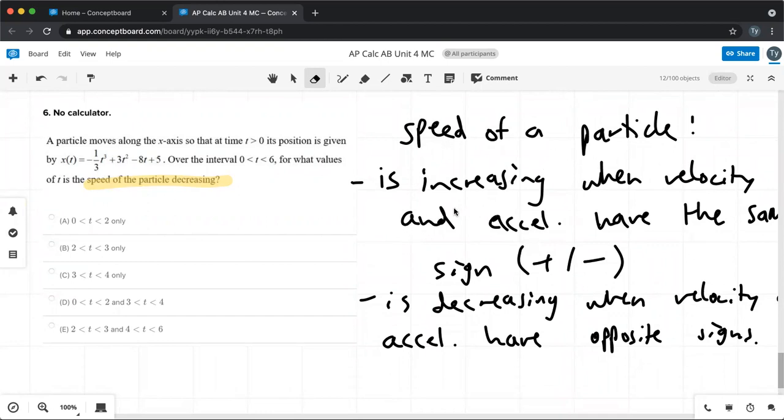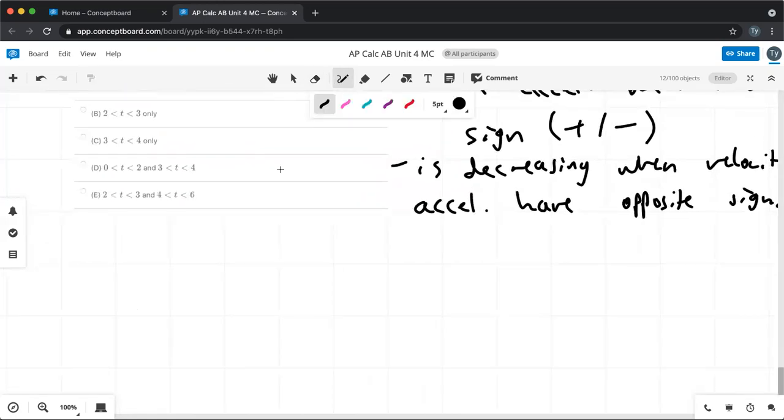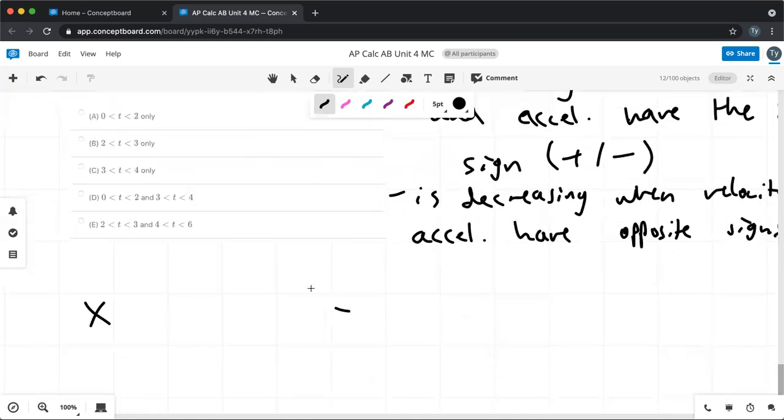As we just wrote before, the velocity is the derivative of the position function. Here, we're calling it x. So velocity is the first derivative of x, and then acceleration is the derivative of the velocity. So let's find the derivative of x, which is our velocity function.